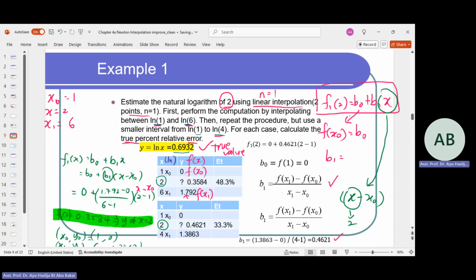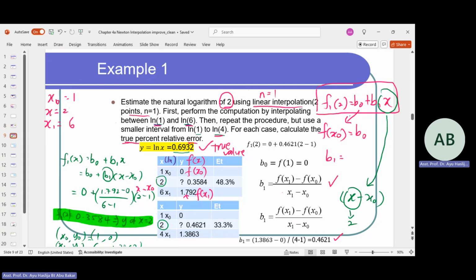Anyone need me to repeat? Okay, take your time to digest. So for the true error, it is the true value just now minus your approximate value.